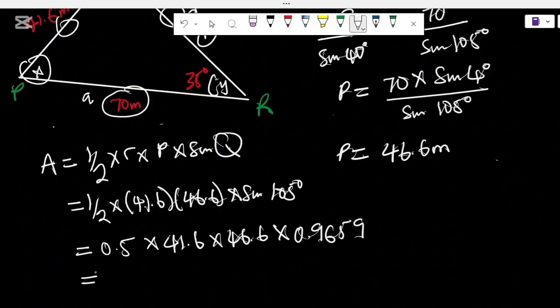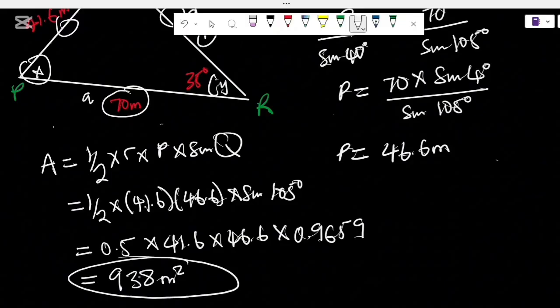So this is going to give us 938 meters squared. And so this is the area of this triangle.